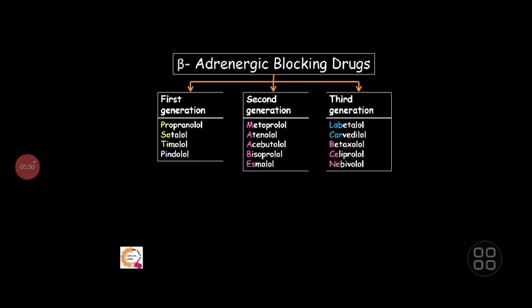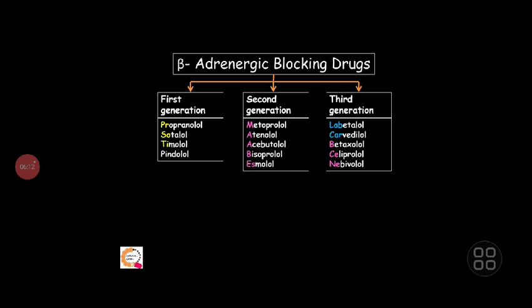And these same drugs are also categorized according to their generation. As you can see, there are three generations: first generation, second generation, and third generation. In the first generation, the drugs in this category are propranolol, sotalol, timolol, and pindolol.